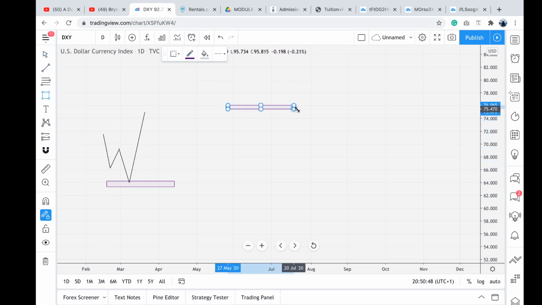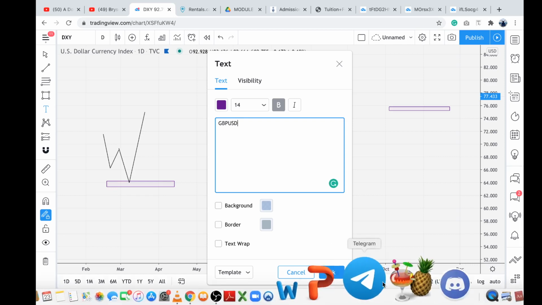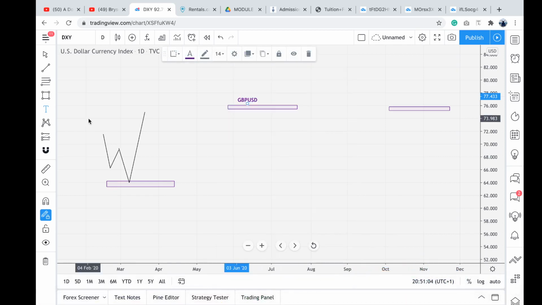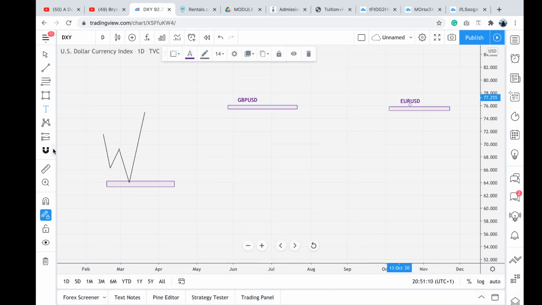So let's say, for example, we have two of these. One is the British pound, GBP/USD, all caps, and the other is the Euro, EUR/USD.